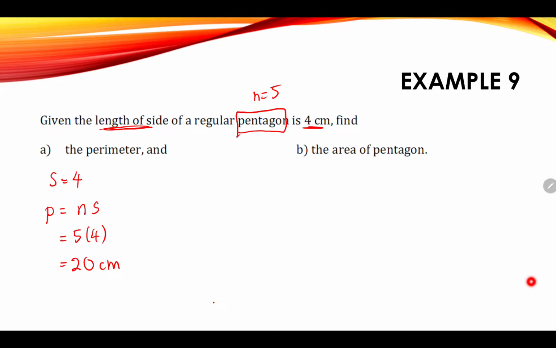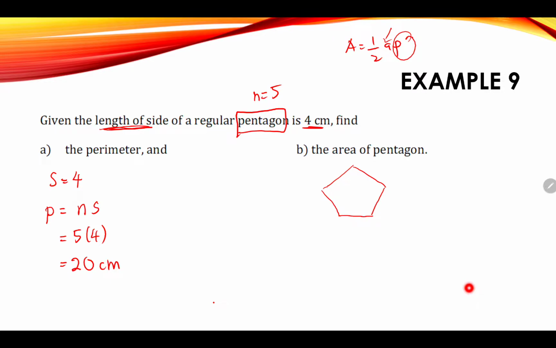So untuk soalan ni yang sesuai adalah kita guna formula A equals 1 over 2 AP. Okay, since P kita dah tahu perimeter, nak cari A lah. Okay, apothem. Okay, so ini bentuk pentagon which has 5 sides.